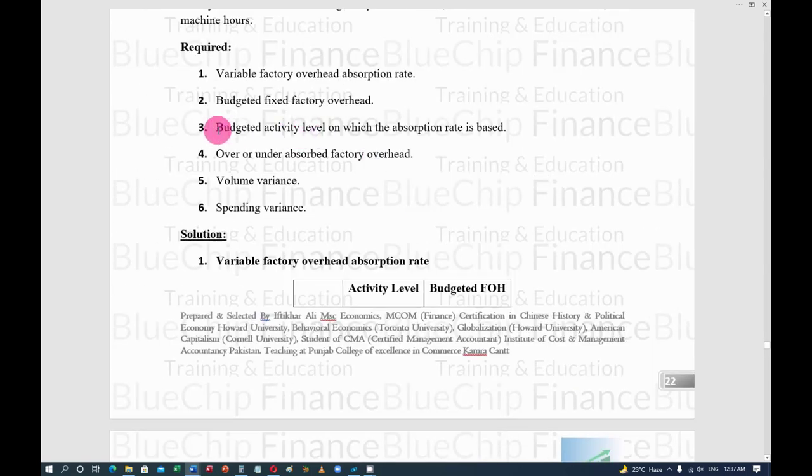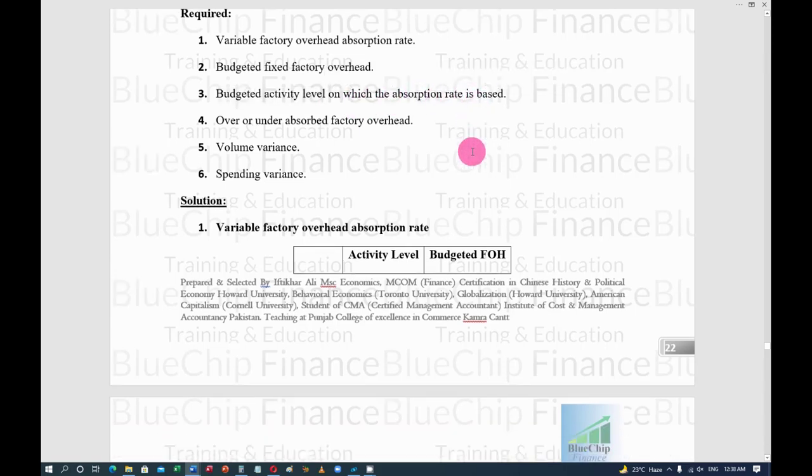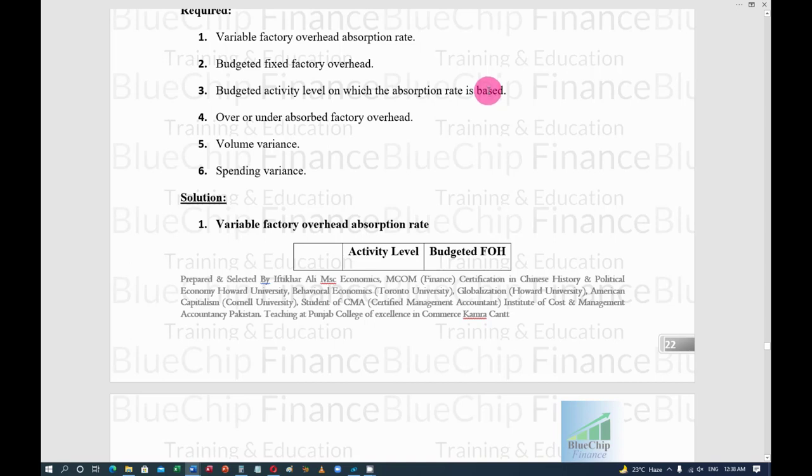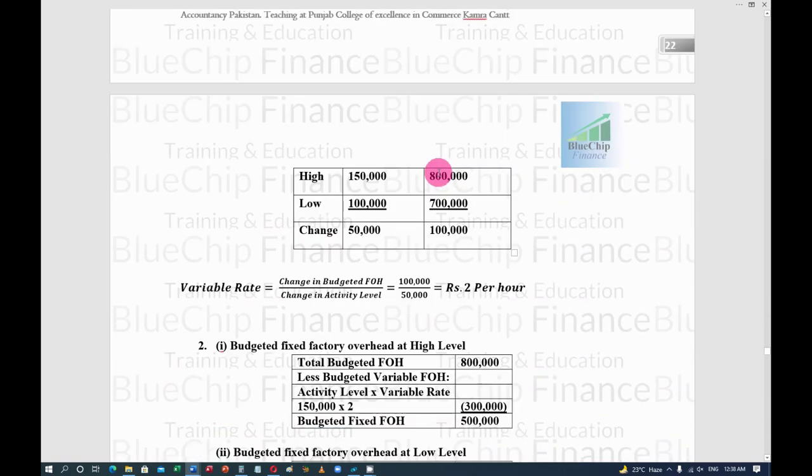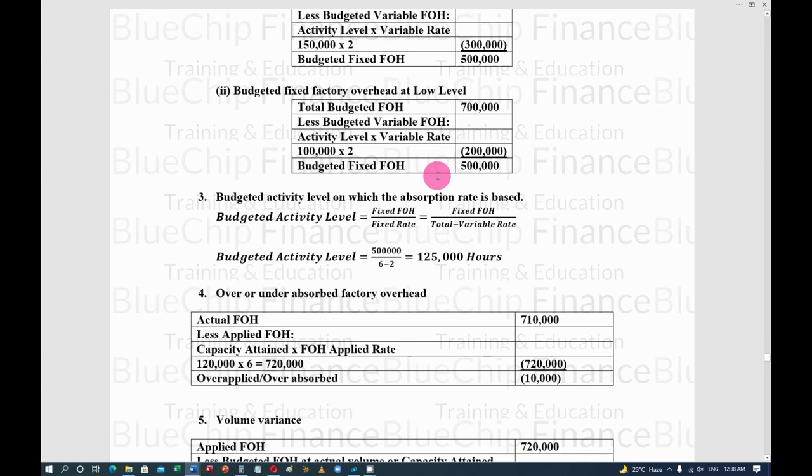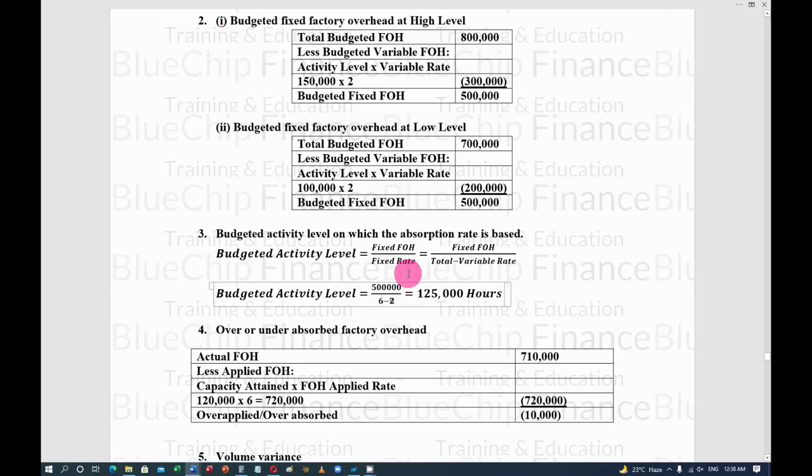Third requirement is budgeted activity level on which the absorption rate is based. They are going to ask you at what activity level they calculated the absorption rate. As you know, your absorption rate is 6 and your variable rate is 2, and your fixed FOH is 5 lakh as we calculated here.